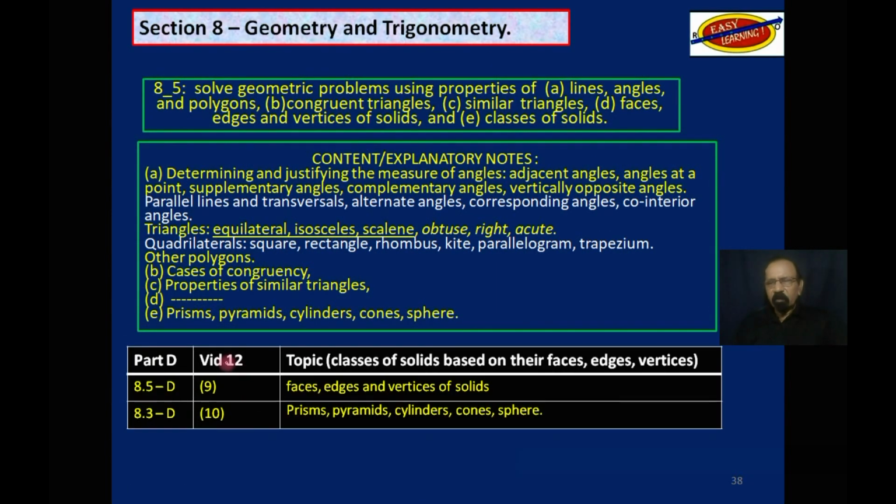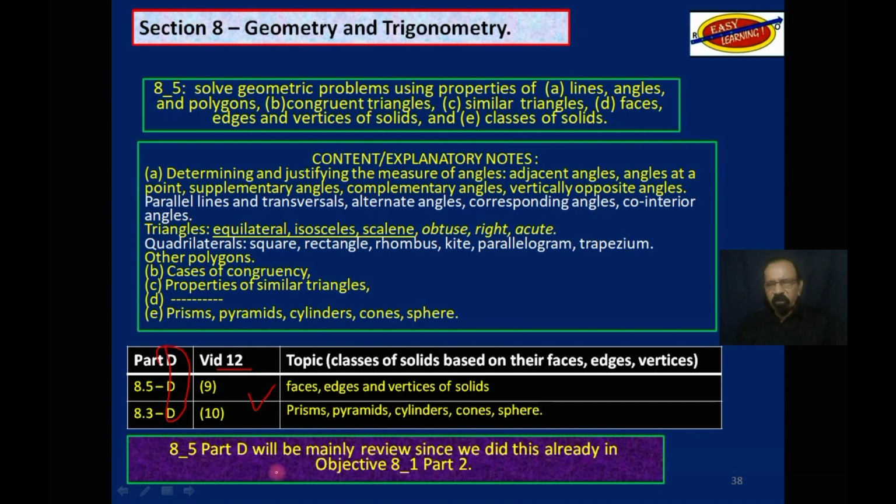And then video 12 in this section, which will be part D of this objective, we will look at these 2 more concepts, but most of these here for video 12 would be easy since we already covered that in objective 1 part 2 of this same section.